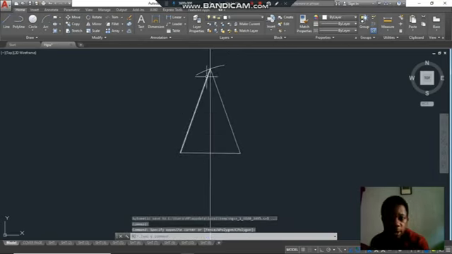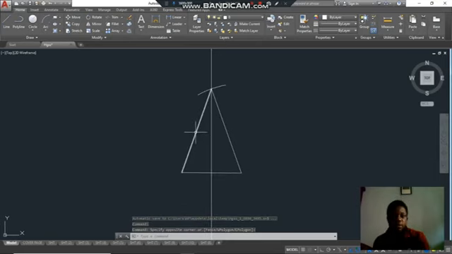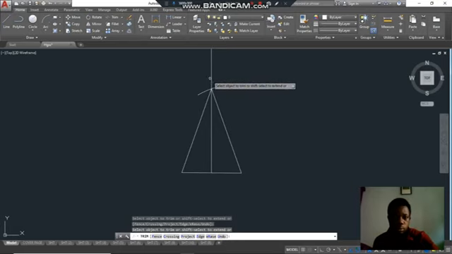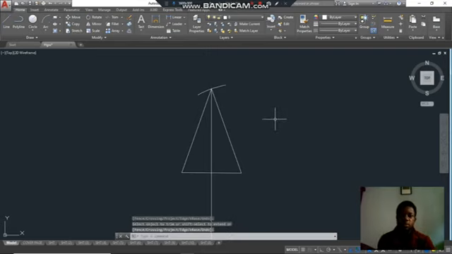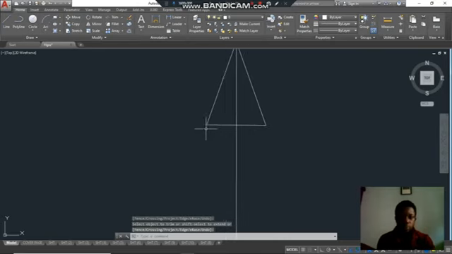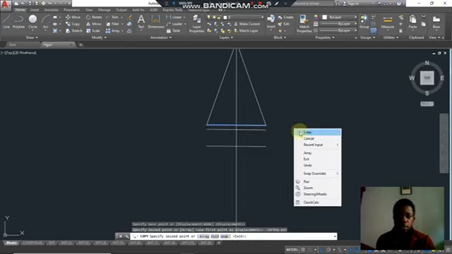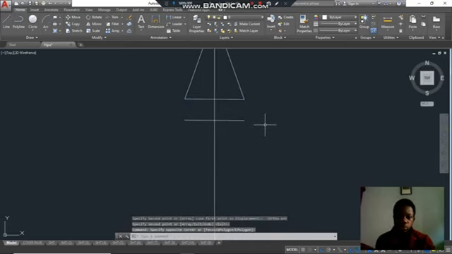Now this is the elevation of the cone. At a reasonable distance I will create this point.